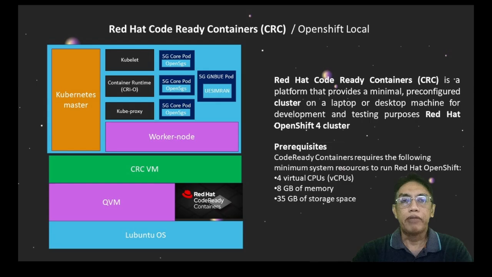The CRC will also set up the kubelet process, the container runtime, and the kube-proxy on top of the worker node. Once this single node OpenShift cluster has been set up, we are ready to deploy the 5G pods, consisting of 5G core pods and the 5G gNodeB UE pod.